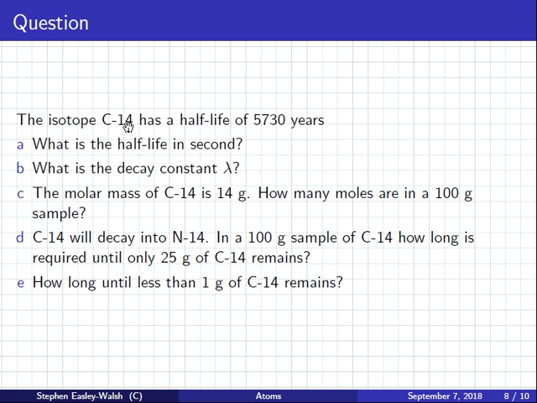Good, so you know this idea. Now, we say it has a half-life of 5,730 years. That's really long. So if I have some carbon-14, there's radiation coming out, alpha, beta, gamma. It'll take 5,000 years for me to have half of it. So it decays very slowly.